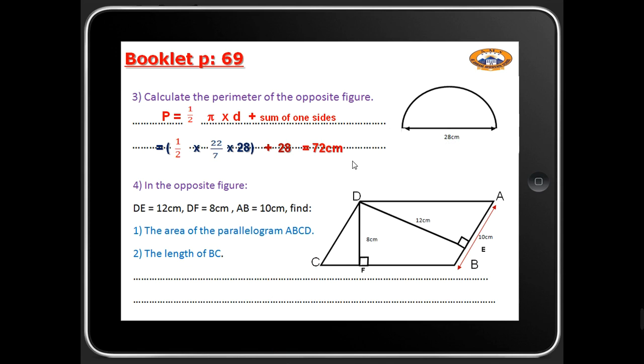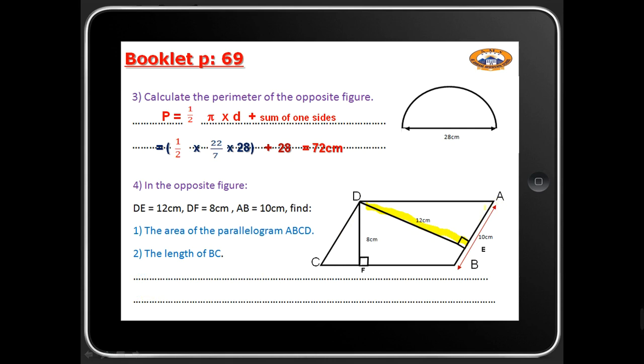Now exercise number 4 in the opposite figure. Yes, we studied this. This is a parallelogram. He gave you the length of this side, DE equals 12 centimeter. Okay, this is the height because we find the perpendicular sign. Excellent. This is the height and this is the base.